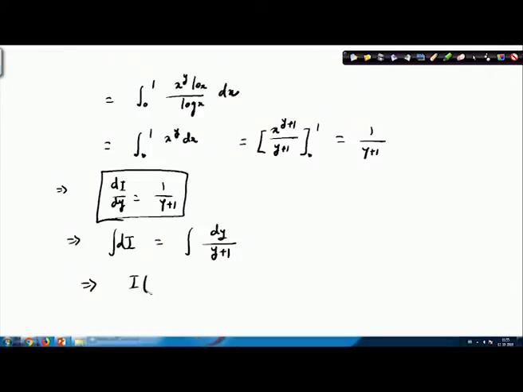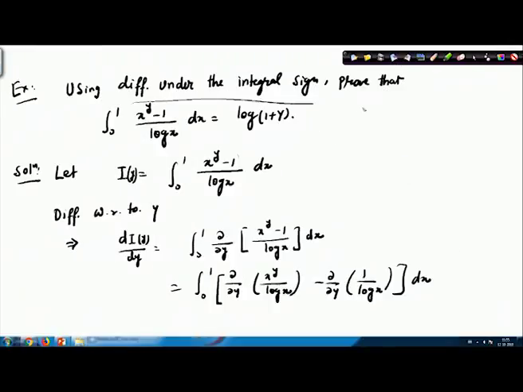If I integrate, this will turn into I(y) equals log of y plus 1 plus log c to the base e. This can be written as log of (y plus 1) times c. Now, I need to obtain the value of c. Let us call this relation 2, and the earlier relation 1.